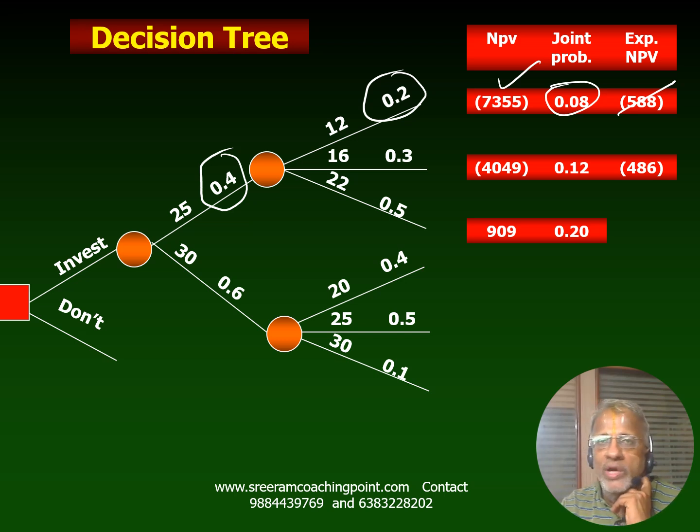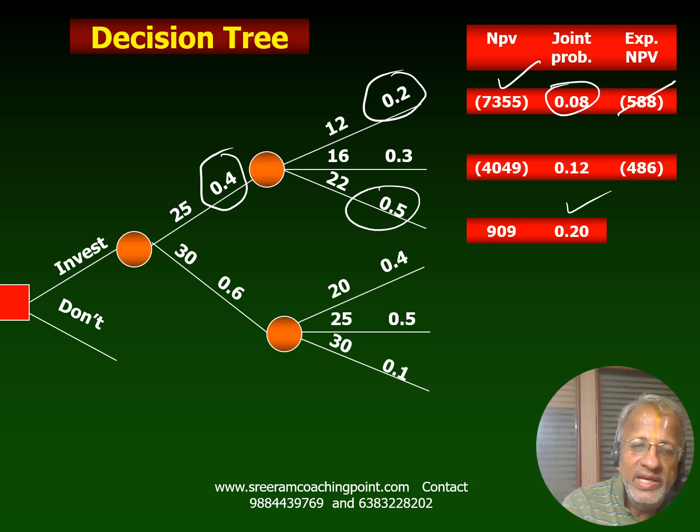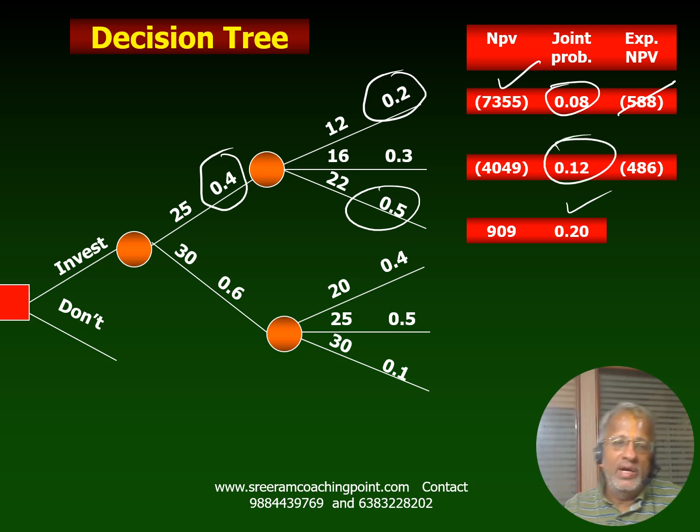I hope that all of you would be knowing how that joint probability is worked out. We are expected to take the probability of year number 2, and for the preceding year's probability, you are expected to bring out the product. That is the way we have taken 0.4 multiplied by 0.5, which gives 0.2. Same is the case here also, 0.4 multiplied by 0.3 gives 0.12.